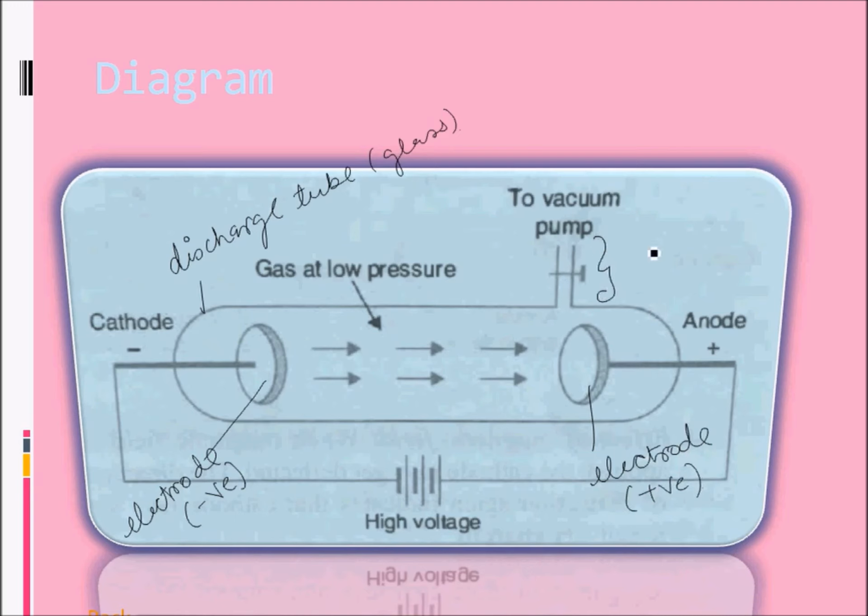This is a vacuum pump used to adjust the pressure of the gas in the discharge tube. This is a high voltage generator.